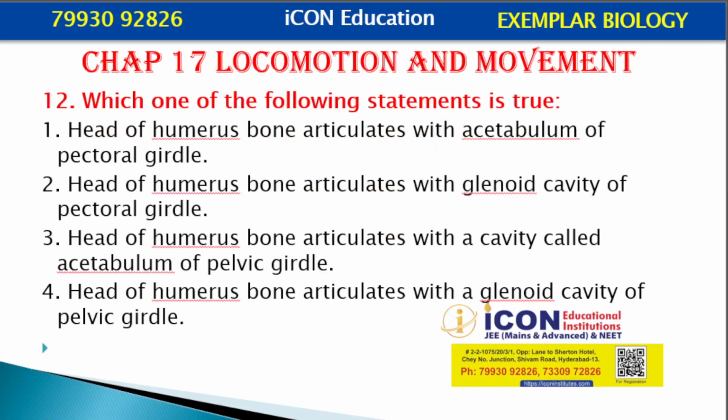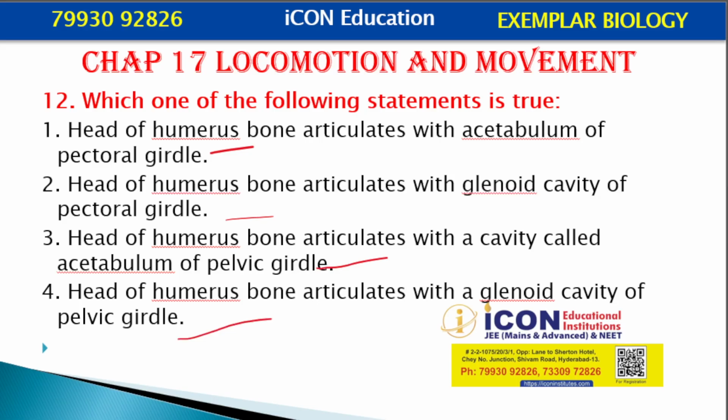Which one of the following statements is true? Head of humerus bone articulates with the acetabulum of pectoral girdle. Head of humerus bone articulates with the glenoid cavity of pectoral girdle. Head of humerus bone articulates with a cavity called acetabulum of pelvic girdle. Head of humerus bone articulates with the glenoid cavity of pelvic girdle.